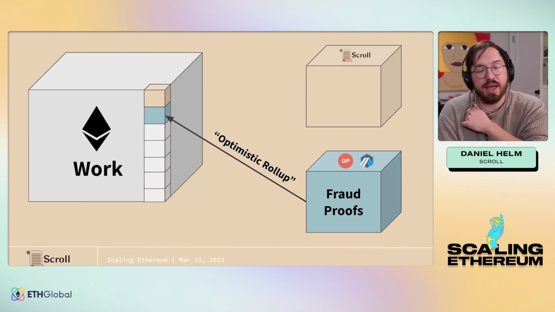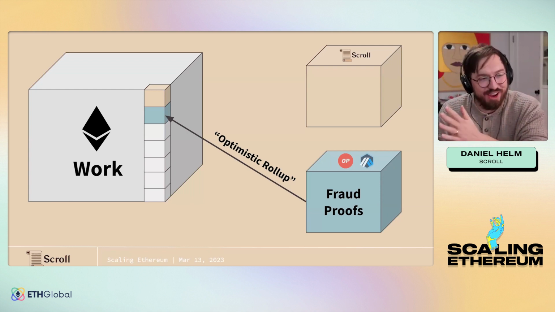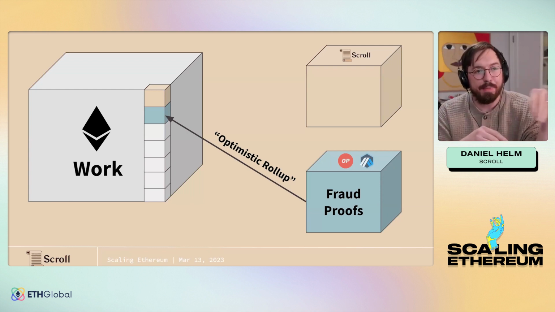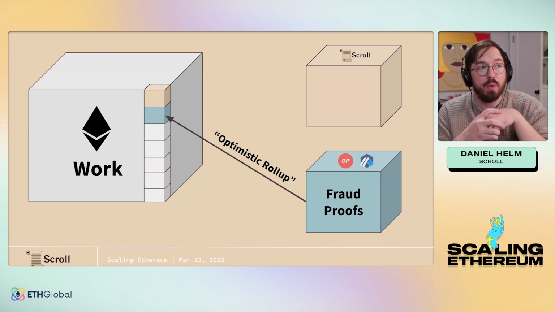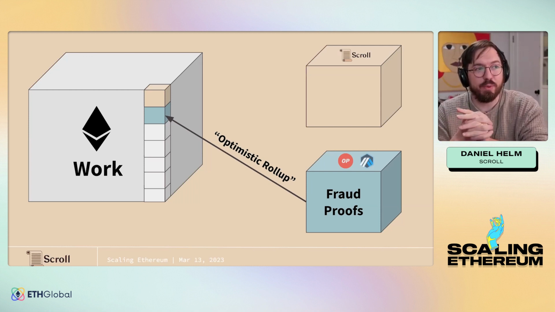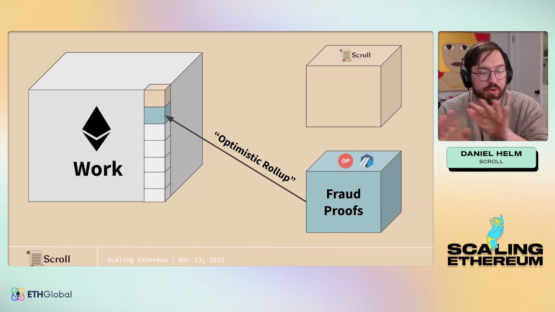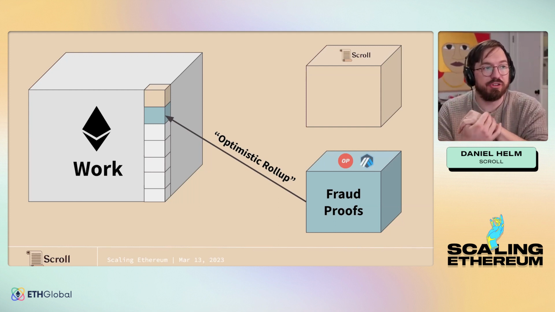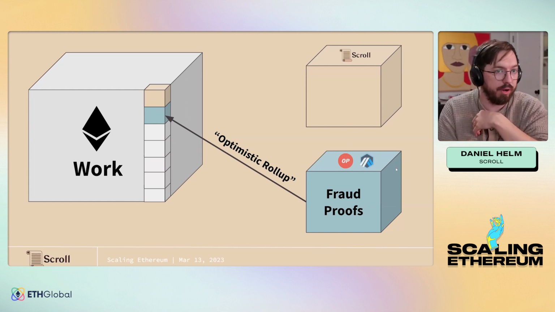The idea is that they do a bunch of work off-chain, but they put the transaction data back on the L1, and then they wait a little while and they say, we're going to assume that this is all good to go, and then we'll give someone 7 days to say, no, someone's breaking the rules. And if no one says that, then we'll just continue knowing that everything's good in the off-chain protocol.